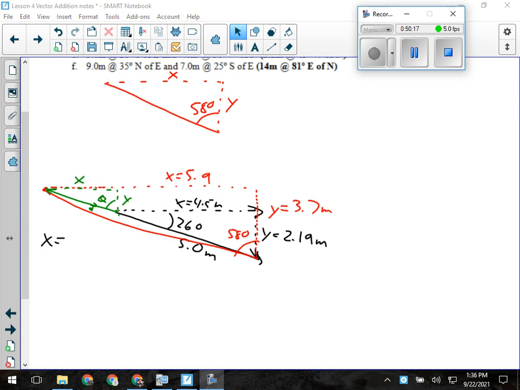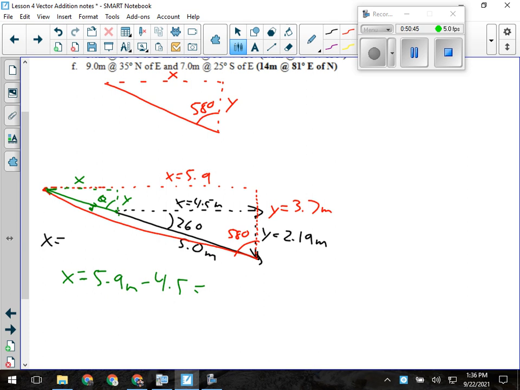So on this one, like I said, we've already calculated all the x's and y's. We've got red x, red y, black x, and black y. Now if I want to get my resultant, I can get green x. Green x will be 5.9 minus the 4.5 here, because 5.9 is west and it's the bigger number, minus the 4.5 that was going east.